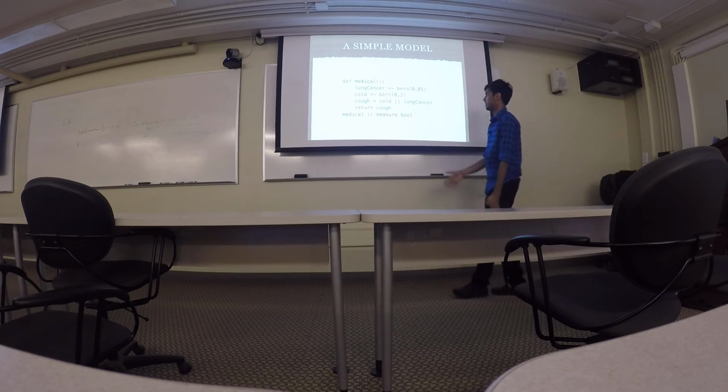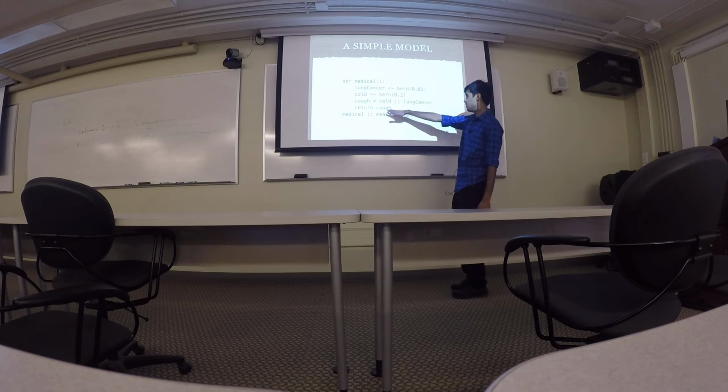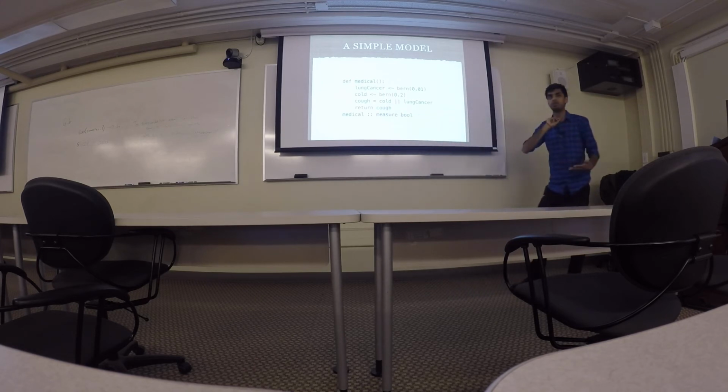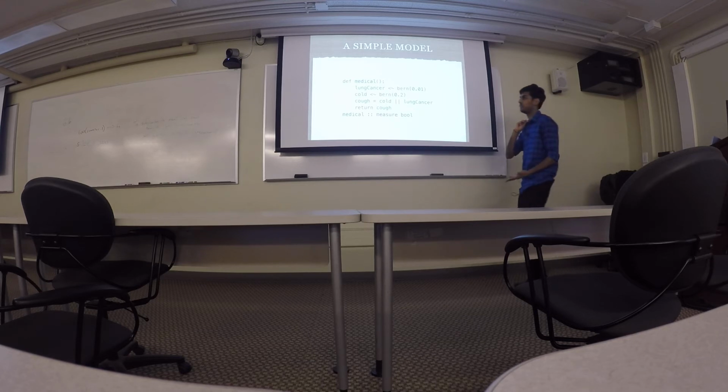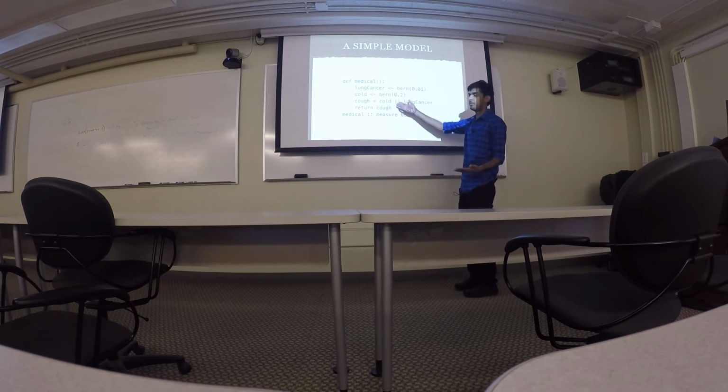The idea is that the final return value, a cough, is something that we observe, we might have data about, and we're trying to infer what it means about my having a cold or my having lung cancer.